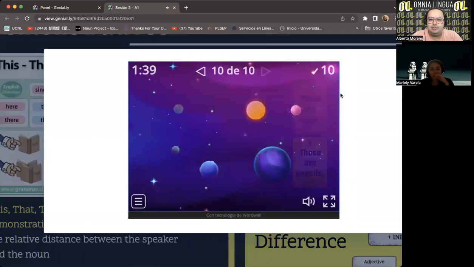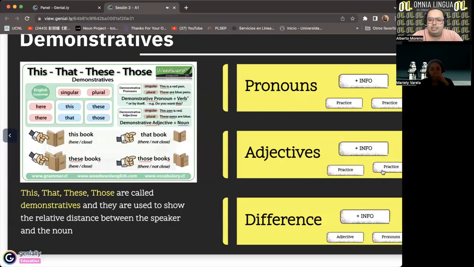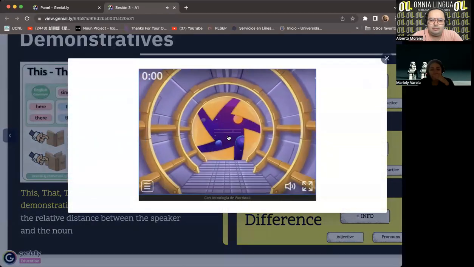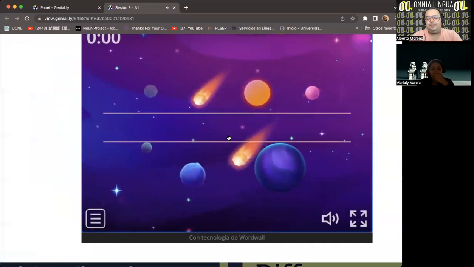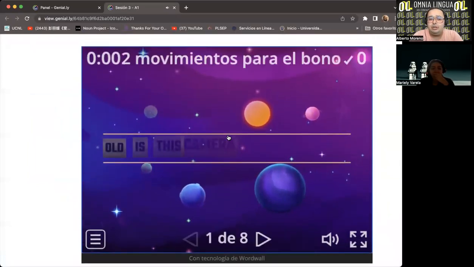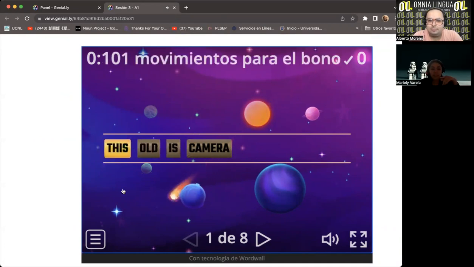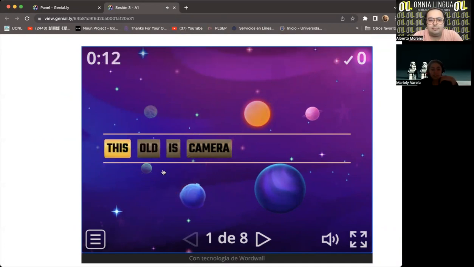Very good. So, let's do demonstrative adjectives. In here we have to put the sentence in order. Remember, demonstrative adjectives always are before the noun. Okay, so this is... adjectives, not pronouns.